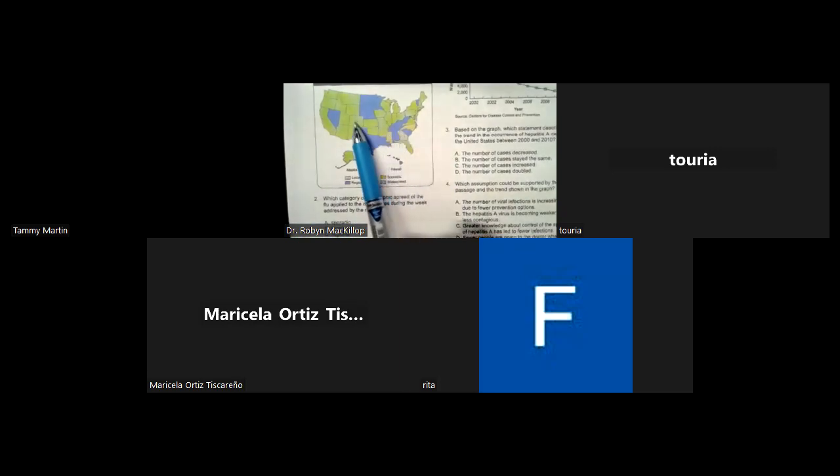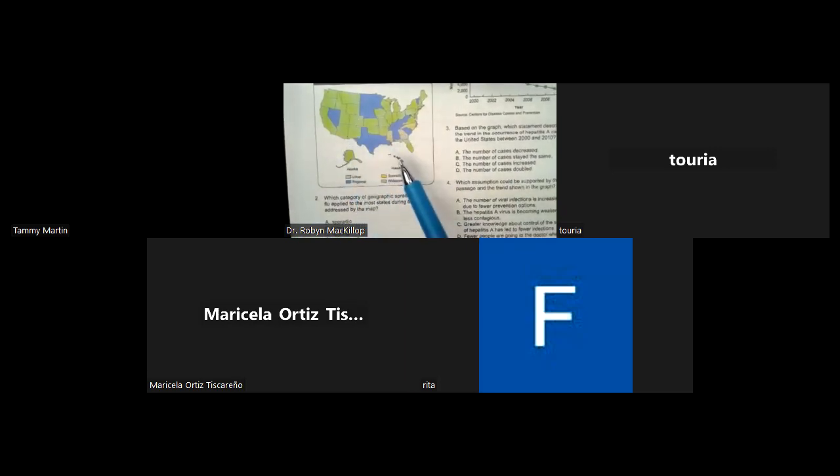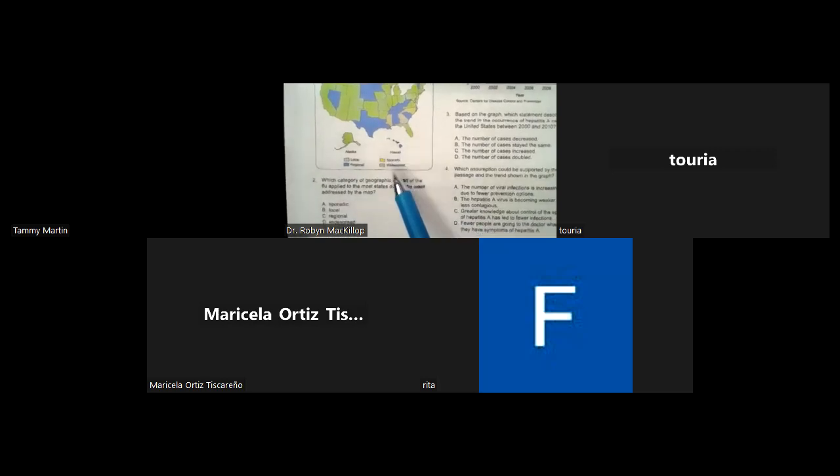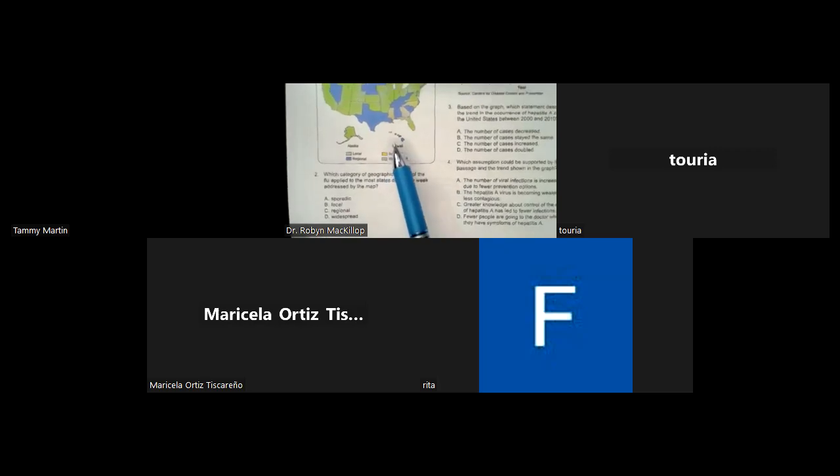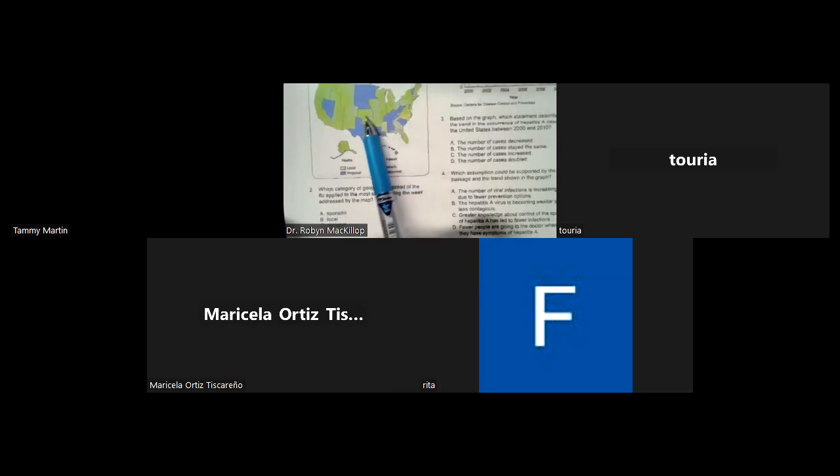Green is widespread, happening a lot. So which category of geographic spread of the flu applied to the most states during the week addressed in the map? So the biggest color? Widespread. Green one. Yeah. And flu spreads quickly. Everybody gets, well, not everybody, but you know, it spreads fast. And that's why.